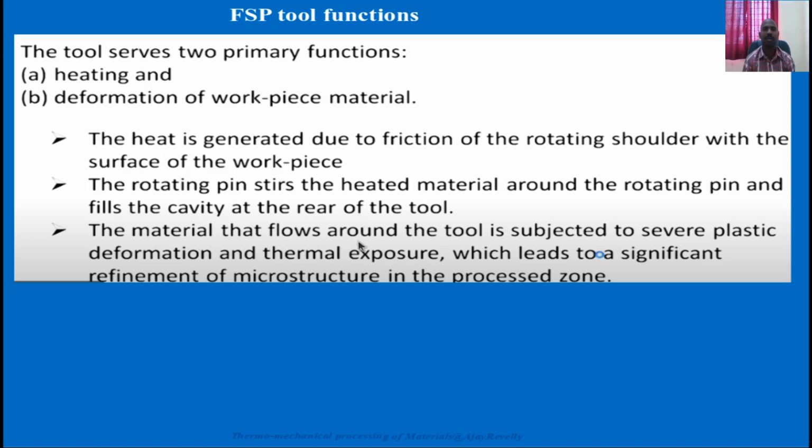The material around this particular tool pin is subjected to severe plastic deformation or high strain rates, which leads to the refinement of microstructure, which is the deformation related point. These are the main points one needs to know. This is the function of a tool.